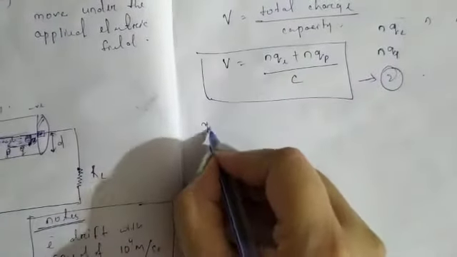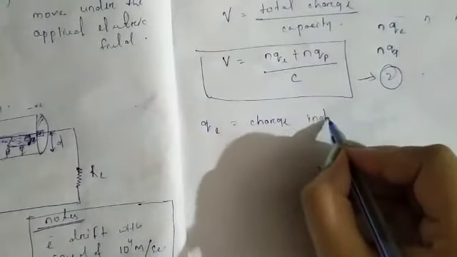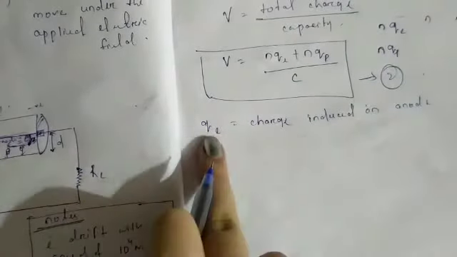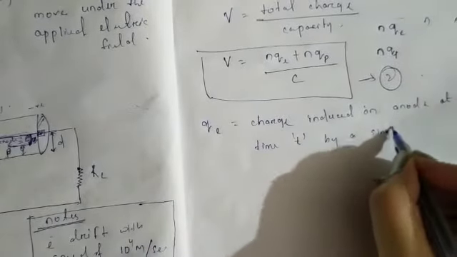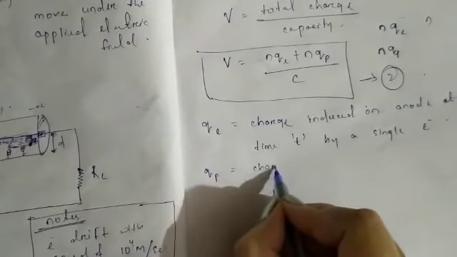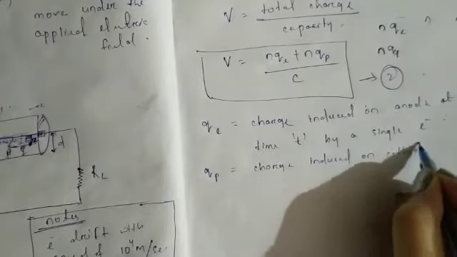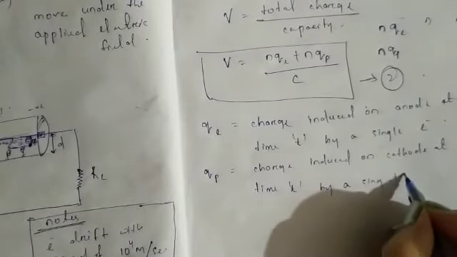So you can mention here that QE is the charge induced on the anode, because it is negative for the electron, at time t by a single electron, and QP is the charge induced on the cathode at time t by a single positive ion.